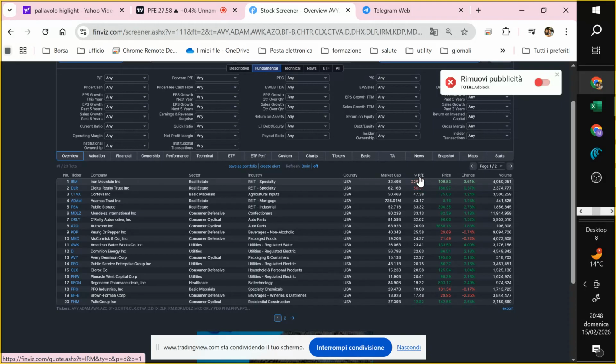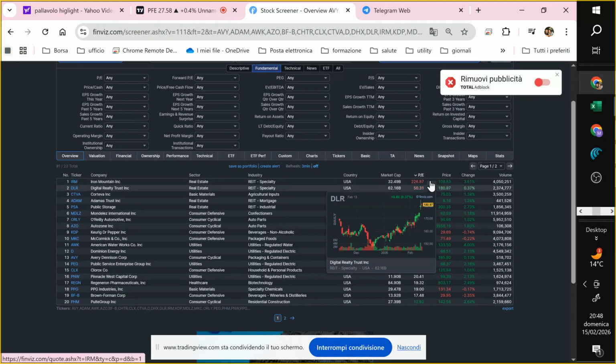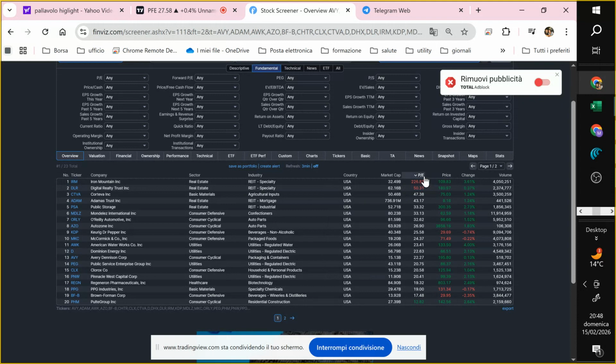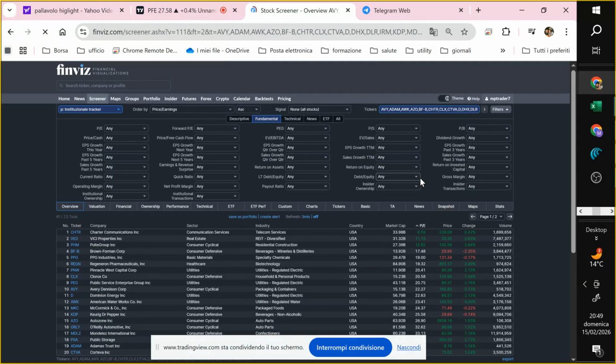I suggest IRM, conscious that it's a good stock and has an incredible price earnings, but I prefer this kind of risk, and I'm not worried about this level. But I know that many investors have a different idea.